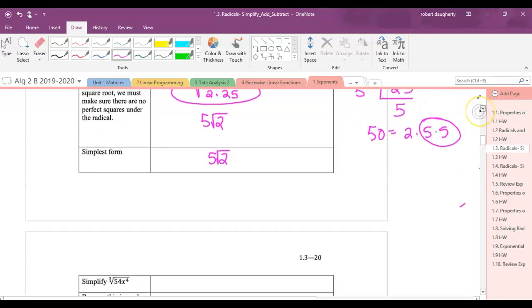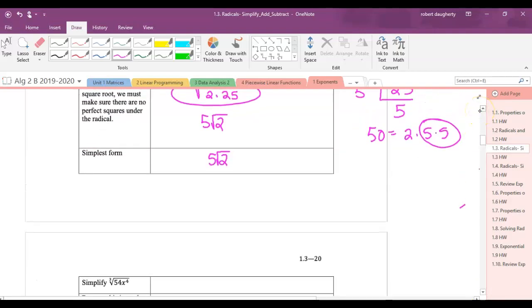to take square roots. So for example, what if I had the square root of 202? Well, I know that's an even number. So when I divide that by 2, I get 101, okay? 101 can't be divided by 2.